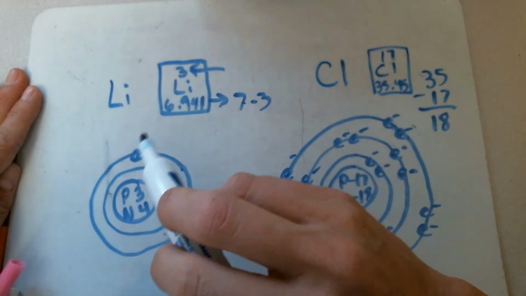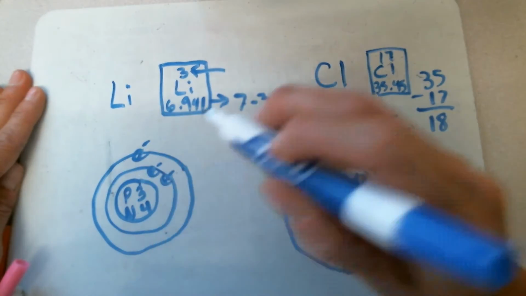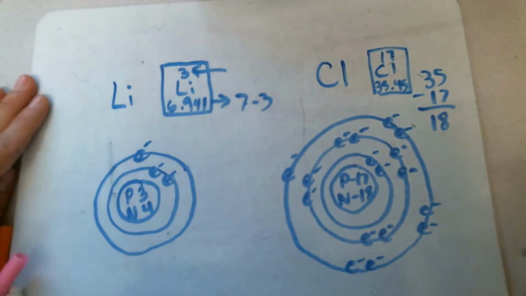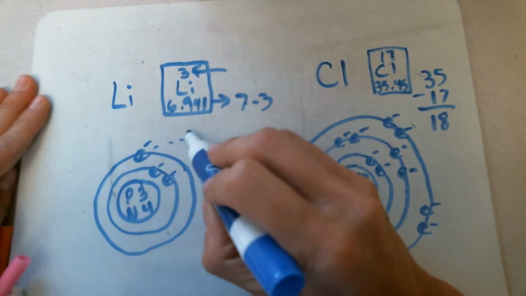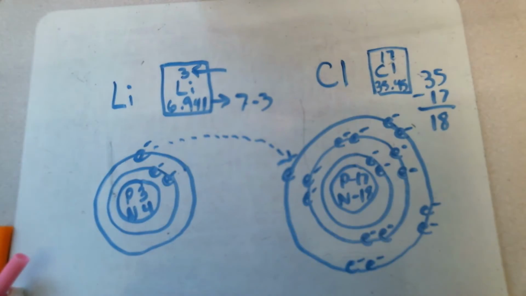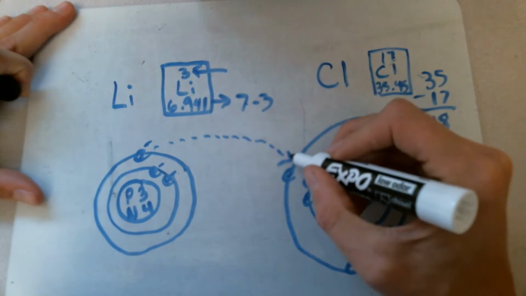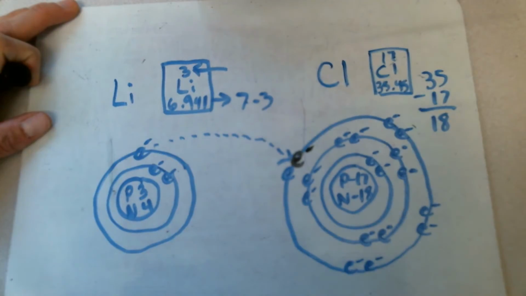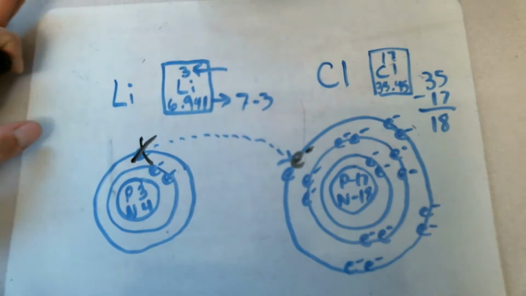But do you see here how this lithium has an extra electron to give? And this has space for 1 more? So what happens here is this electron from lithium is transferred over to the chlorine. So when we do that, we now have another electron here. Okay? And this one here is gone.